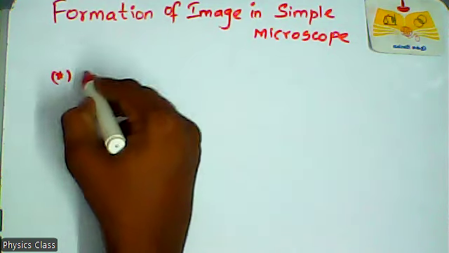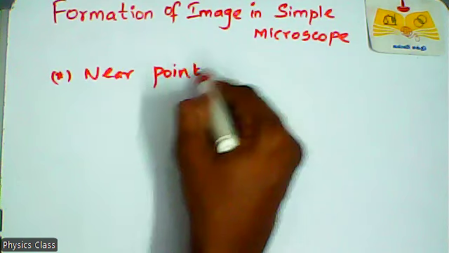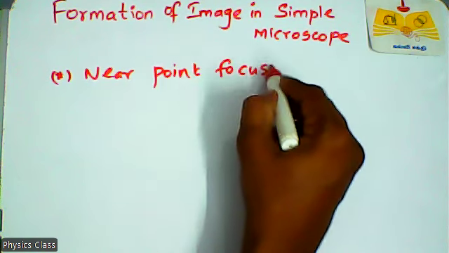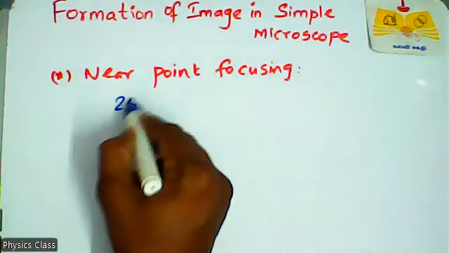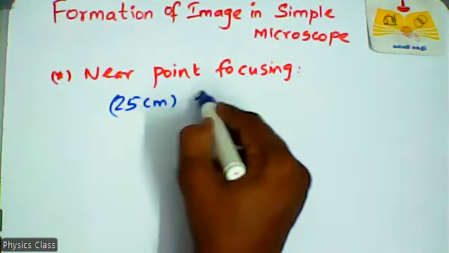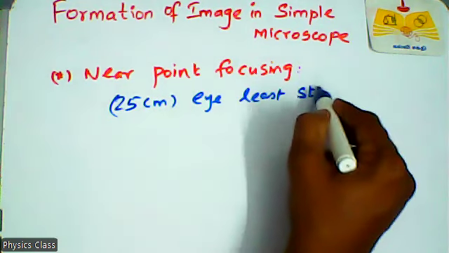First one, near point focusing. Already I told you, near point means the eye is least strained when the image is formed at the near point. That is 25 centimeter.